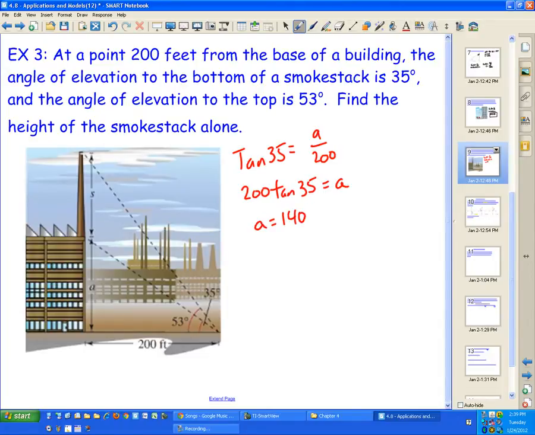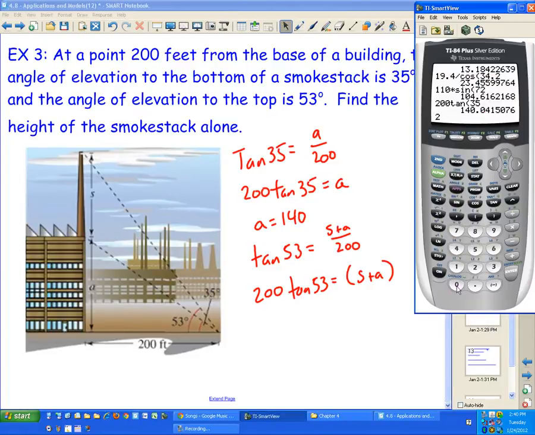Then if I want to find S plus A, I've got to use the whole 53 degrees, and I'm still going to use tangent in this case. So the tangent of 53 degrees will equal the opposite, S plus A, divided by 200. If I multiply these across, 200 times the tangent of 53 will equal S plus A. So 200 times the tangent of 53 tells me 265.4.